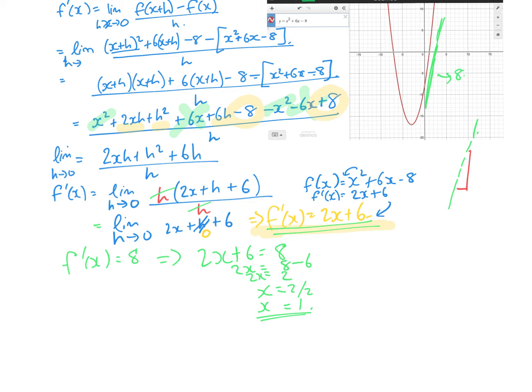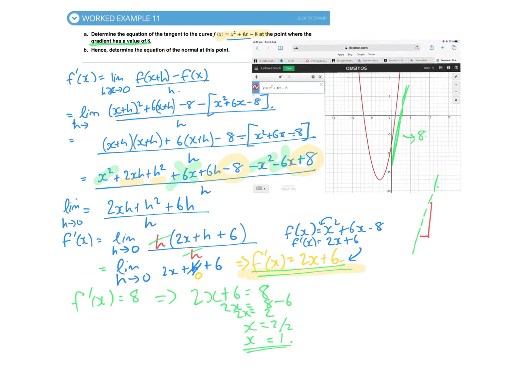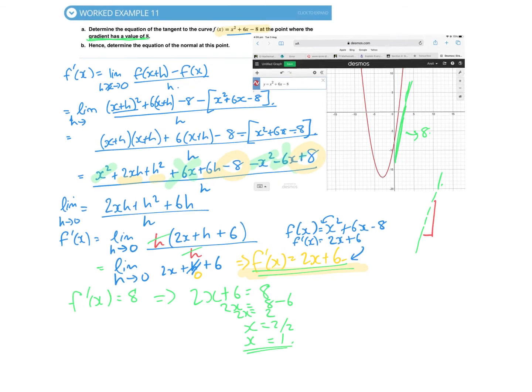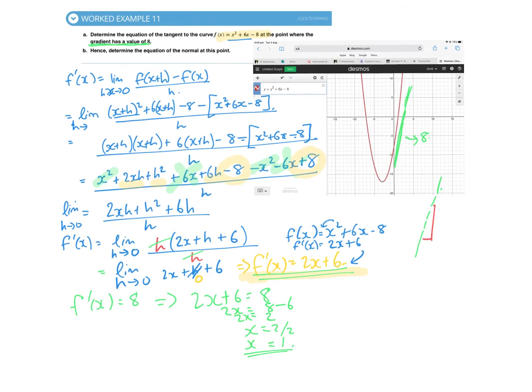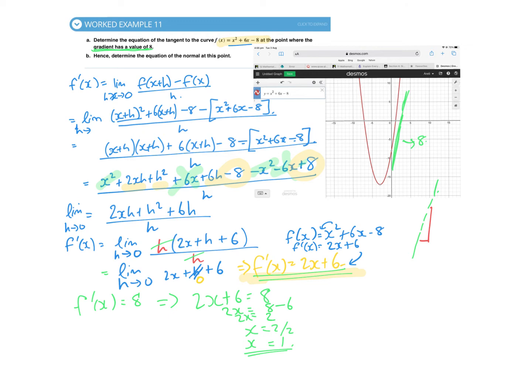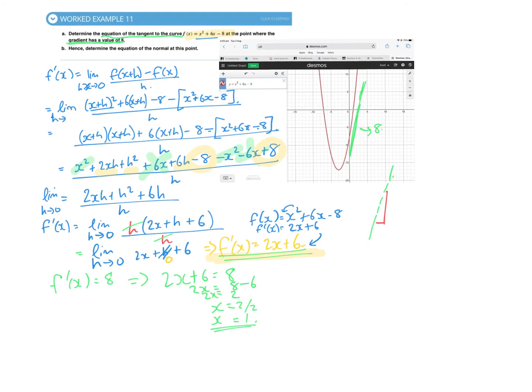So we have a point where x is 1 that makes that gradient true, and we're asked to find the equation of the tangent to the curve. So this entire business here requires an equation to be set up. What we know about this equation is that it goes through the point where x is 1.